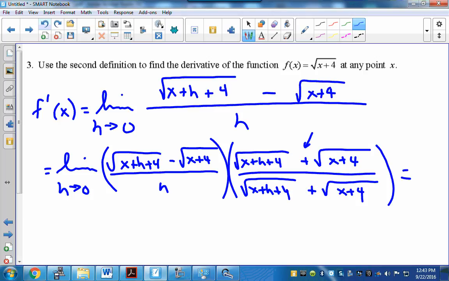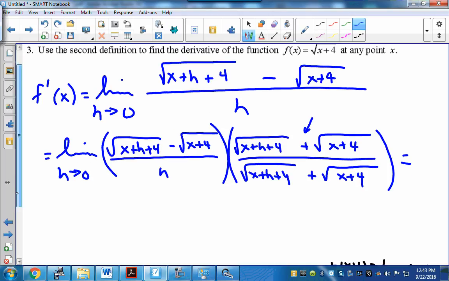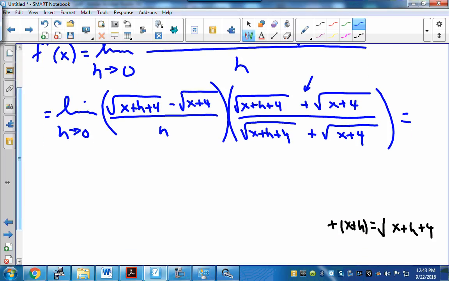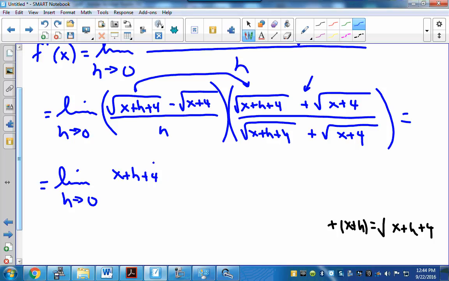The next step, you've got to be careful, because when you do this multiplication, in the first multiplication, when you do this radical times that radical, you simply get x plus h plus 4. In the second multiplication, you've got a negative radical times a positive radical. That gives you a negative x plus 4.